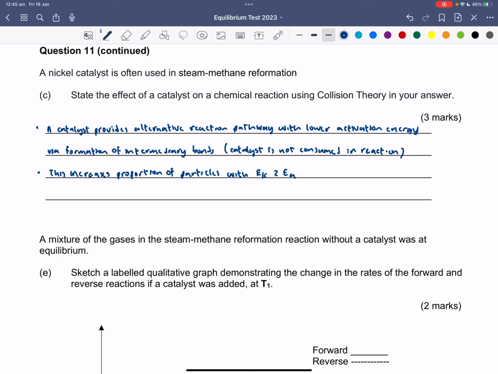So this increases the proportion of successful collisions, and if it increases the proportion of successful collisions, hence the frequency of successful collisions.